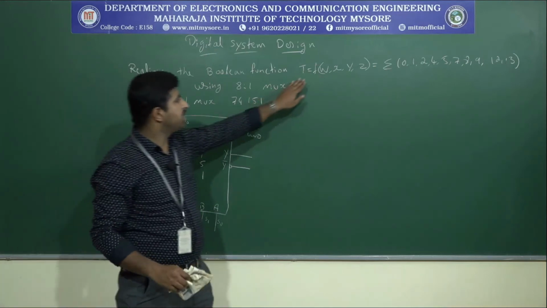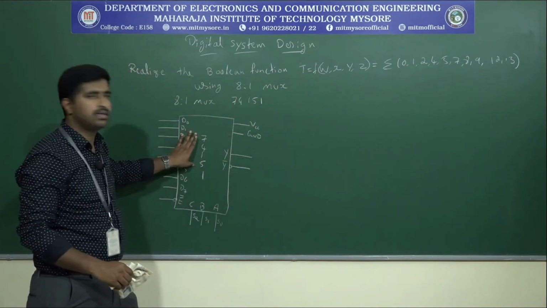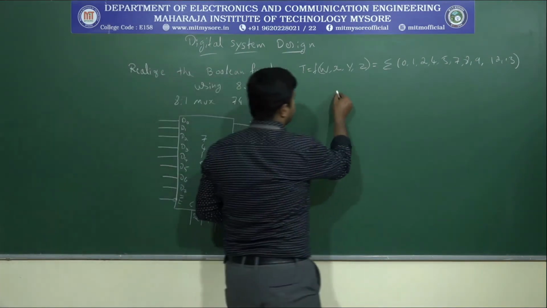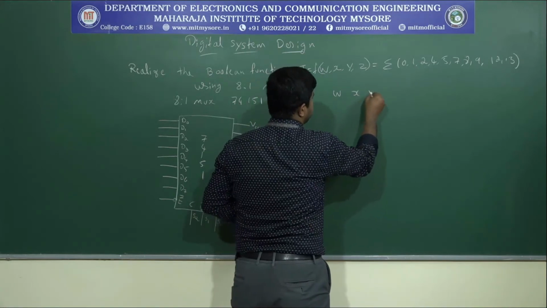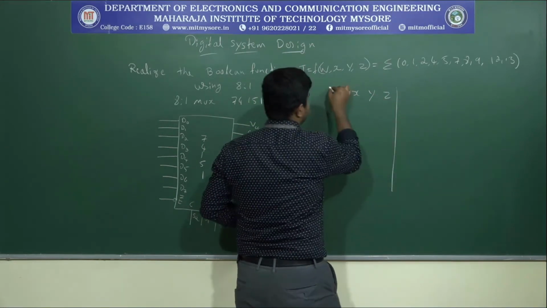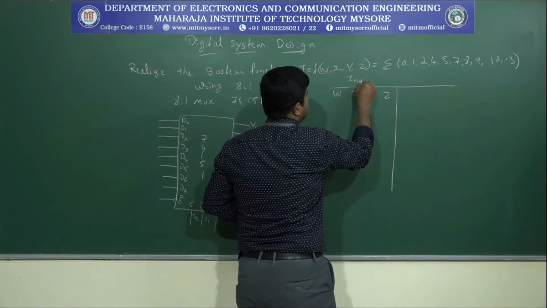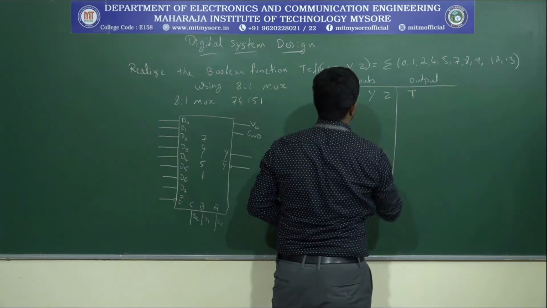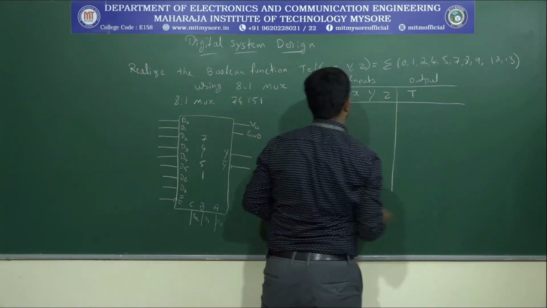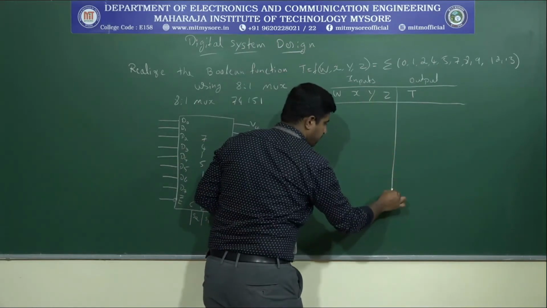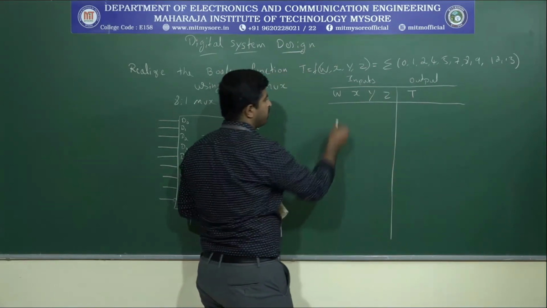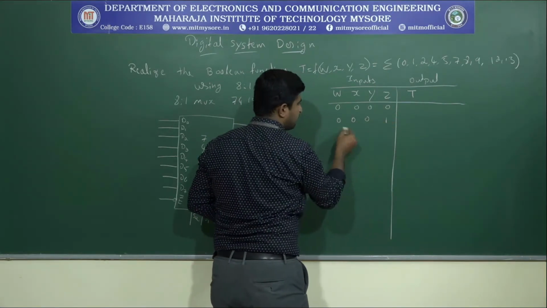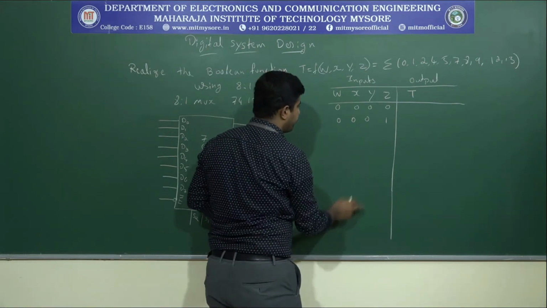Now we need to realize this function using this IC. Let's write the truth table for this function. W, X, Y, Z are the inputs and the output is T. It is a 4 variable function, so it will have 16 combinations, 0 0 0 0, 0 0 0 1, like that up to 15.